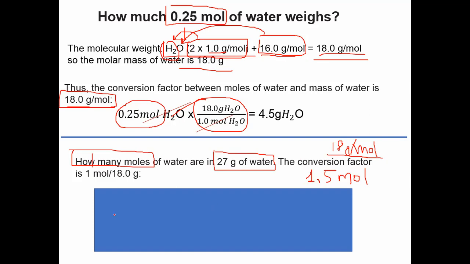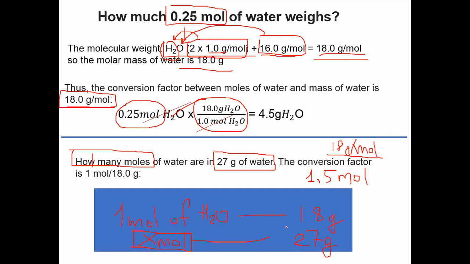If we consider it this way, 1 mole of water is 18 grams, right? This is what we know. So 27 grams is going to be X moles, right? From here, you can find the X. What you need to do is divide 27 by 18.